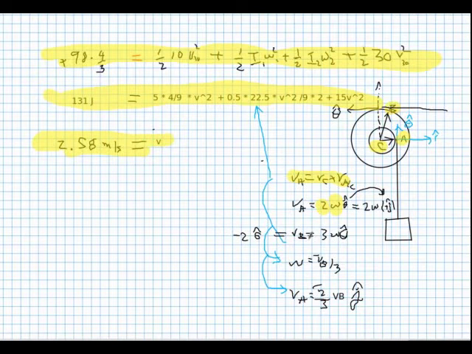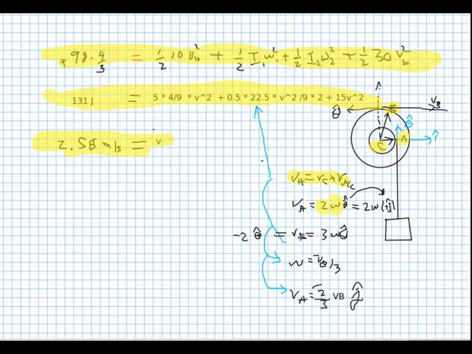Now if you look at point B, of course that can also be written as 3 omega in the theta hat direction, but the actual velocity of the box is going to the right, but at point B the theta hat direction is to the left. So if I write the velocity of the box in the theta hat direction, I have to have a minus sign there. The box is moving to the right, but the theta hat direction is to the left.